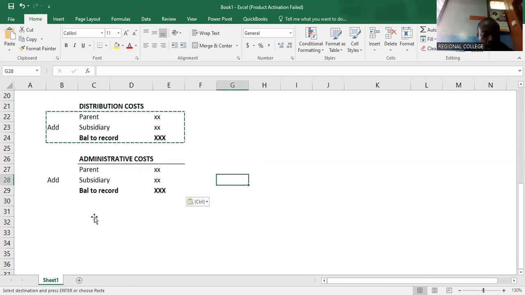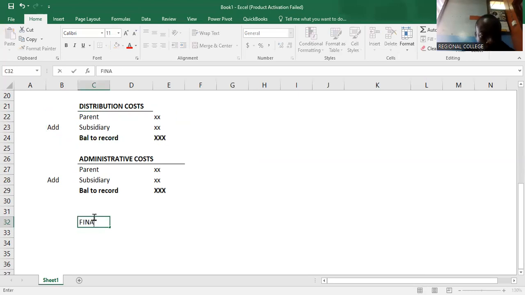Then I check if you're given the finance costs, the interest. Under the finance costs, you check how much is the finance cost for the parent and how much is the finance cost of the subsidiary.